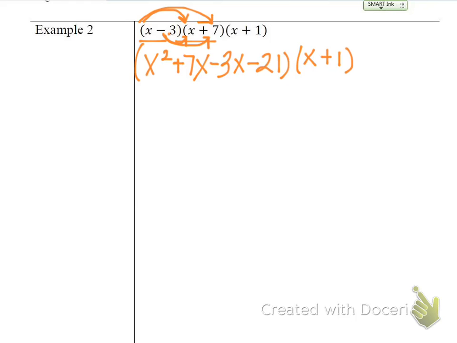So let's combine like terms in the big one first to make it a little bit easier for us. That's going to give me x squared, 7x minus 3x is plus 4x, minus 21, times x plus 1.